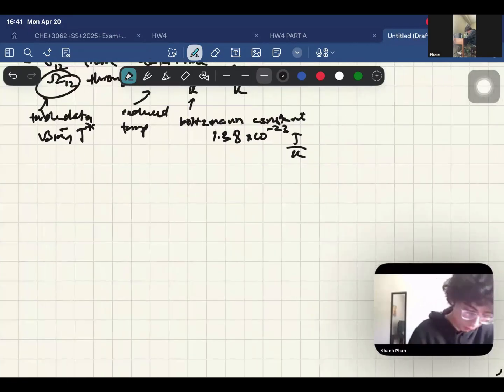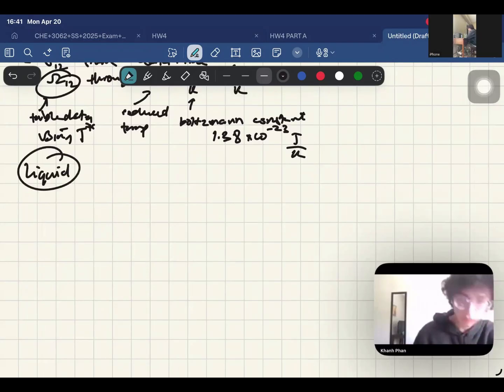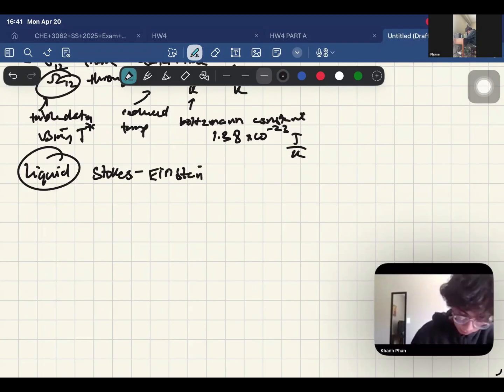And we can move on to liquid. In liquid, we can use the Stokes-Einstein equation. The Stokes-Einstein equation is gonna look like this.